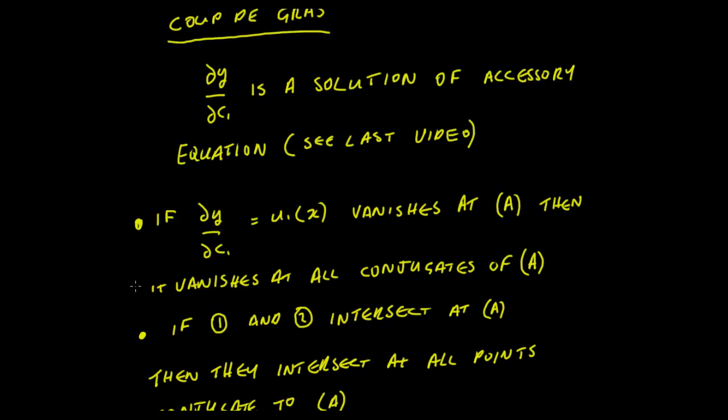So it means that delta y upon delta C1, which is a solution to the Jacobi accessory equation, we'll call that particular solution u1 of x.